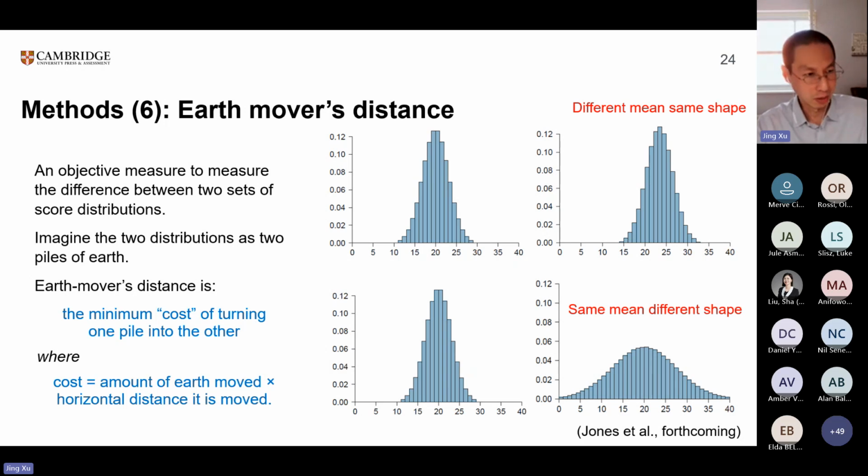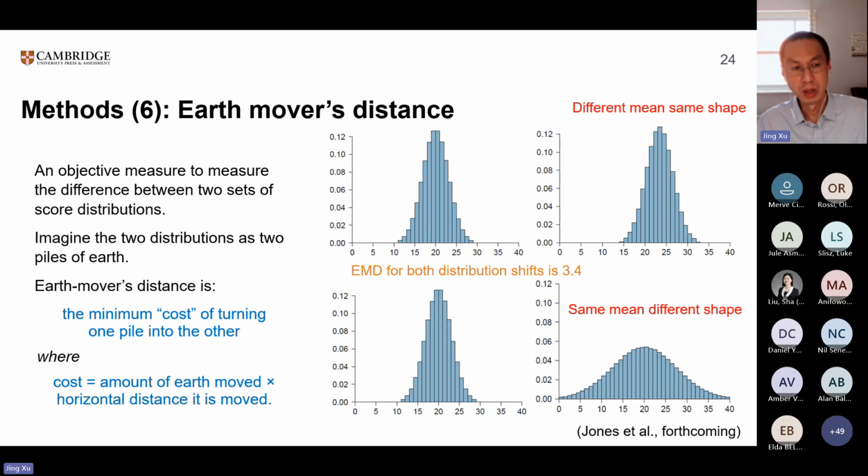So what does Earth mover's distance do? You can see the EMD for the distribution shift is 3.4 for both the upper two pictures and the lower two pictures. So there are two ways to change the score distribution: one is to change the mean, the other is to change the shape. This metric can help measure the difference between the automarker score distribution and the human score distribution, whether it is a change in mean or in shape. EMD equal to 0 means the distributions purely overlap, so there's no difference at all.